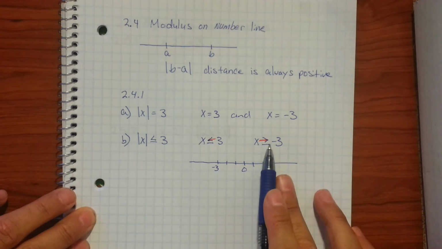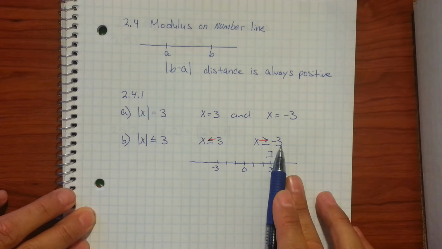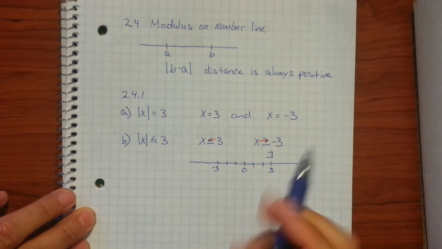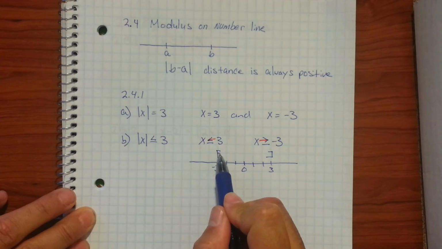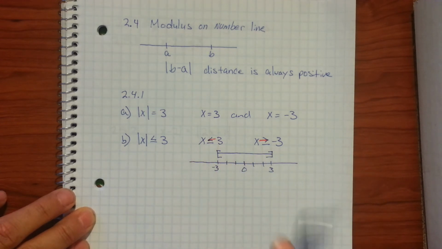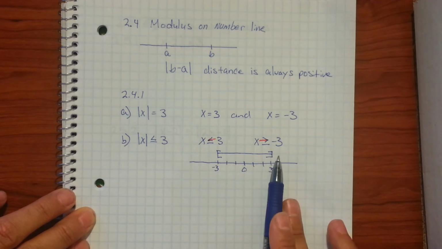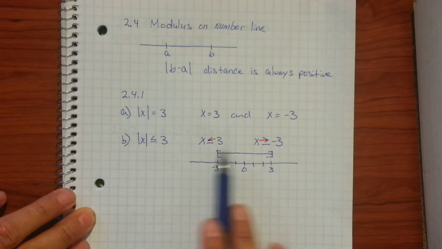This right here is also equal to, so at negative 3, this one is going to go to the right, and I'm also going to draw a bracket. So in between, this one goes to the right, this one goes to the left, so this is going to be my graph.